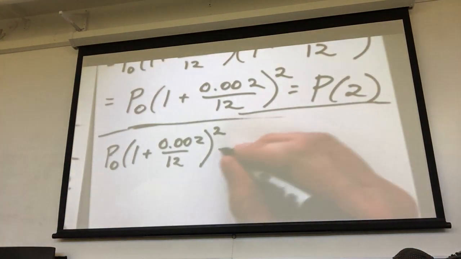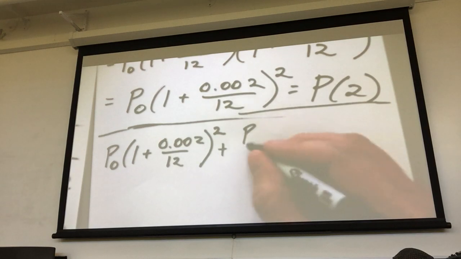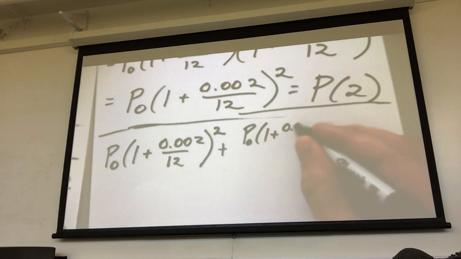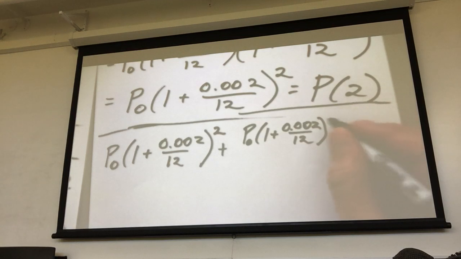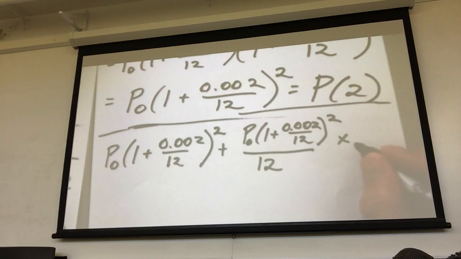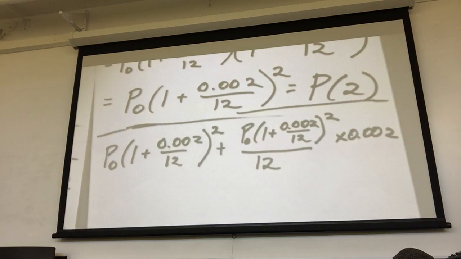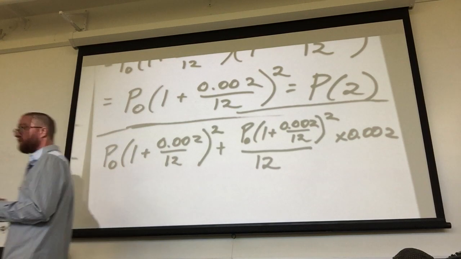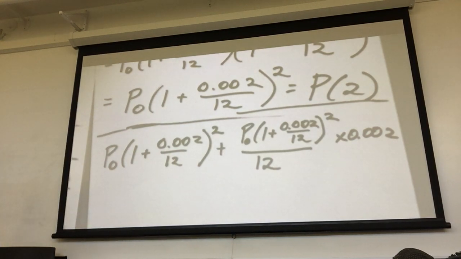It's going to take the amount of money in the account based upon the second month, and then it's going to add in the amount of money in the account after the second month, divided by 12 and multiply it by the interest rate.